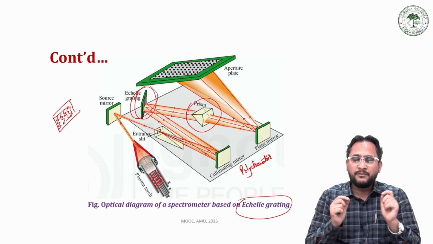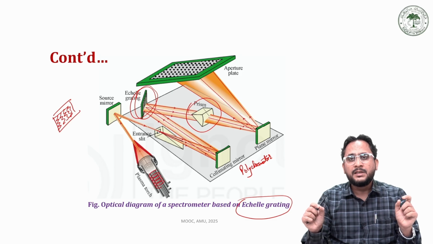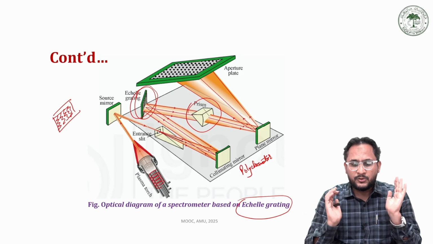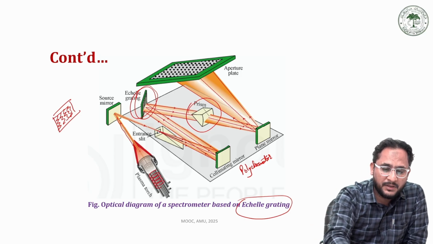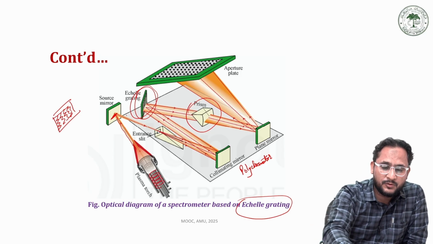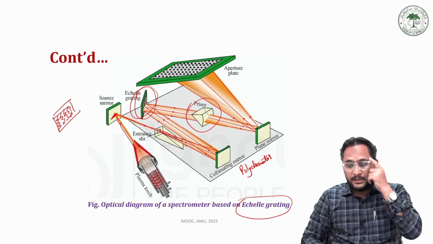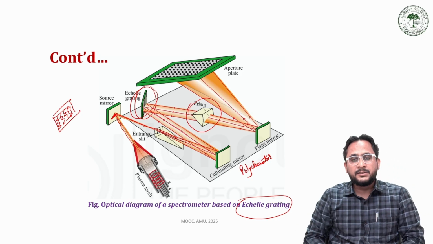For example, if we have a light radiation covering different wavelengths ranging from 300 to 400, when it enters, first of all the light ray is reflected with the help of the source mirror that allows it to enter through the entrance slit, and then we have a collimating mirror which again reflects this light radiation to the axial grating.